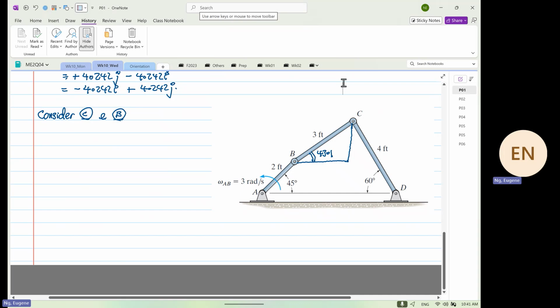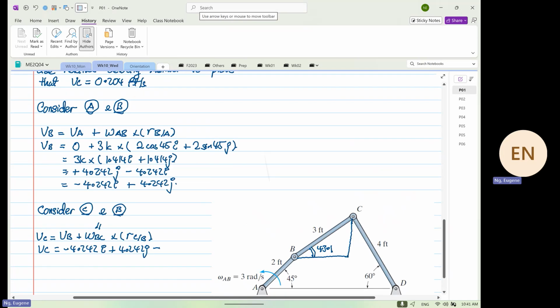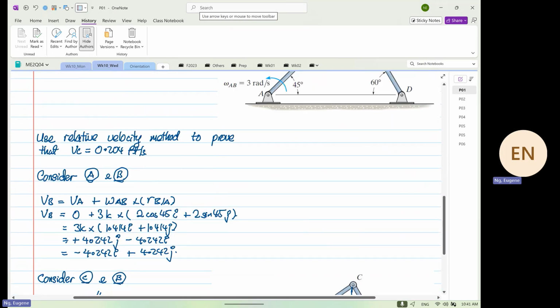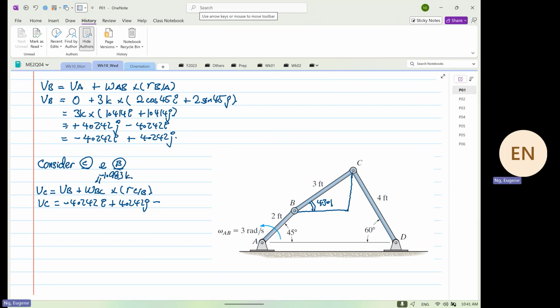Now again we write VC is equal to VB plus omega BC cross r from point B. VC is what we want to find out. We know VB is minus 4.242 I plus 4.242 J. This is where we incorporate omega BC to prove our hypothesis that it is 1.983 in the minus K direction. Are we clear? We substitute it in and see what happens.